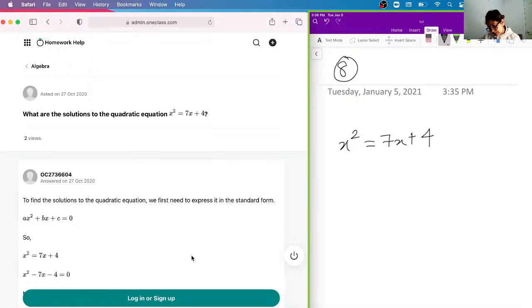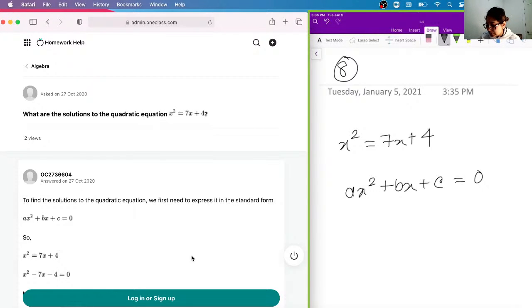In order to do that, we first have to put this in the right form, which is ax squared plus bx plus c is equal to 0.